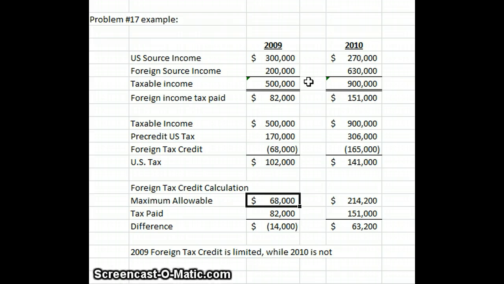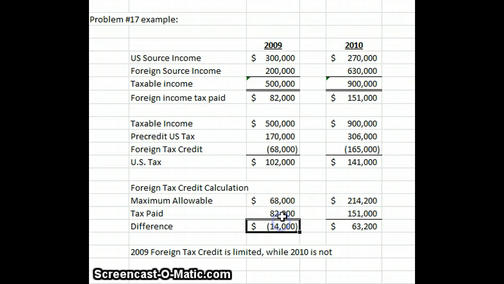So 40% is the share of foreign income that I have, times my pre-credit tax of $170,000. So I have $68,000 as the maximum allowable tax that I can deduct.